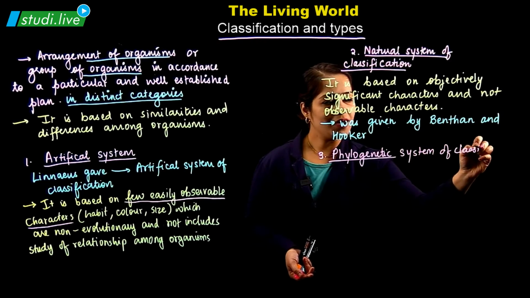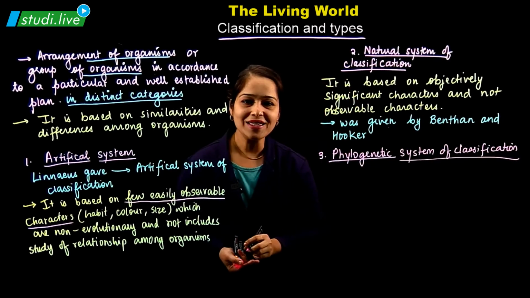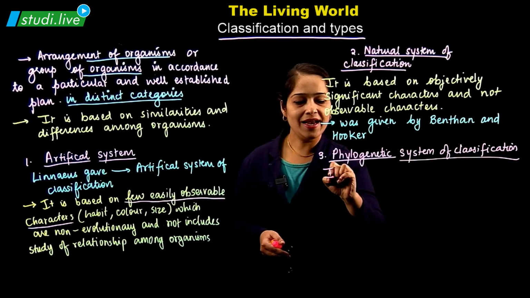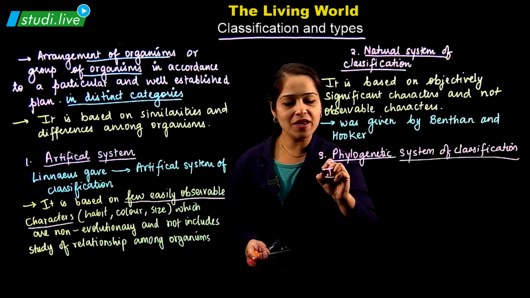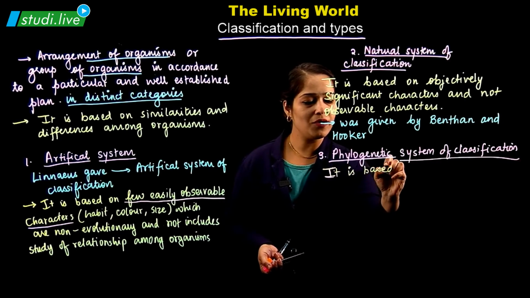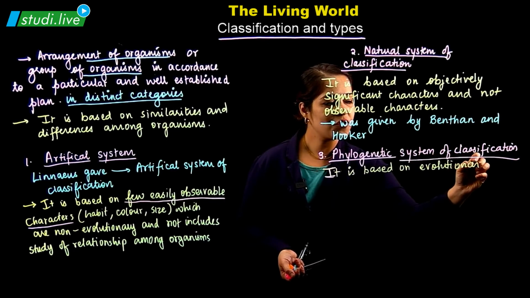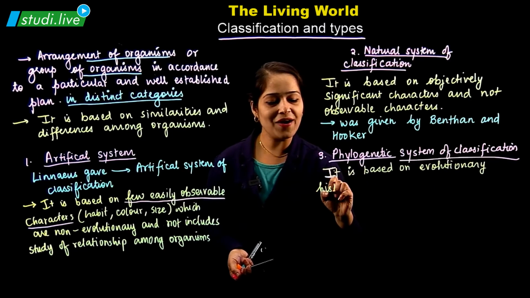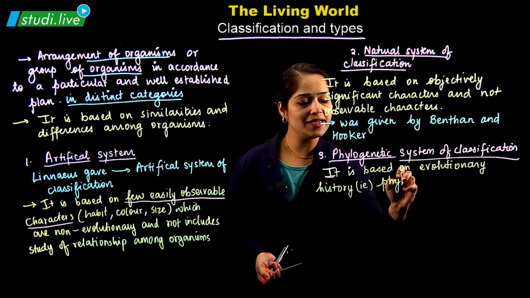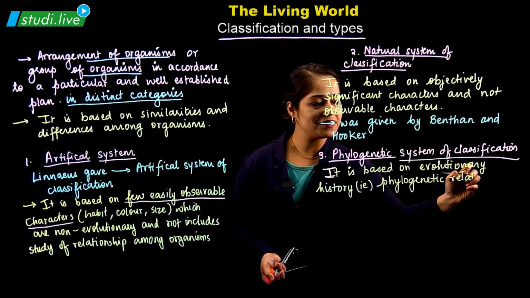In this, the classification is based upon the evolutionary history or the evolutionary origin of the organism, that is, the phylogenetic relationship among the organisms.